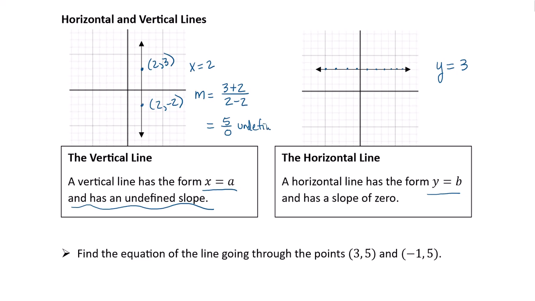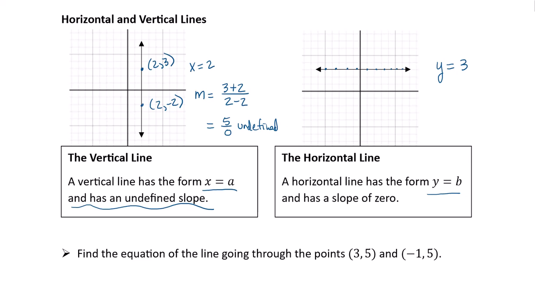And that is always going to happen because you're subtracting your x's on the denominator, and if your x's are the same, then you're going to get 0 on the denominator. The vertical line is undefined slope.